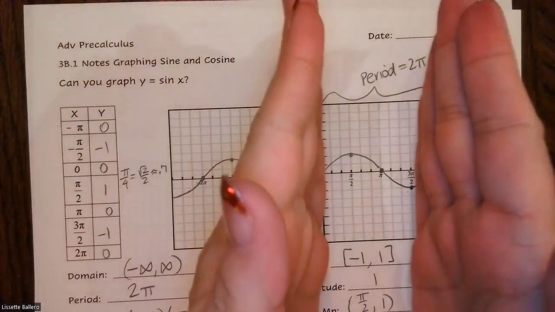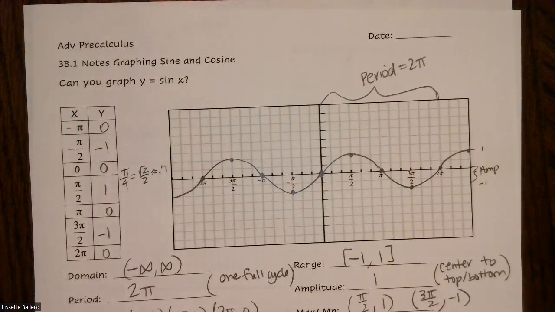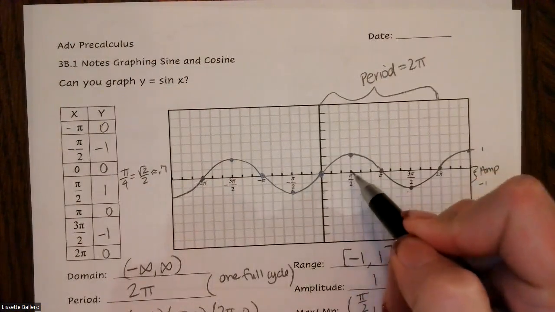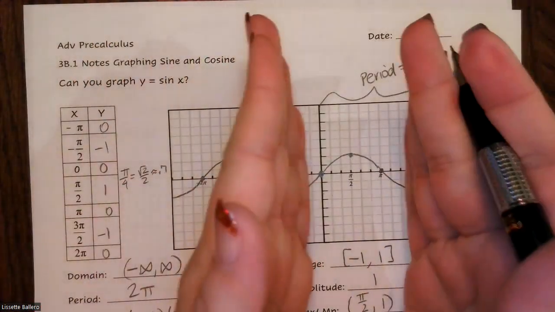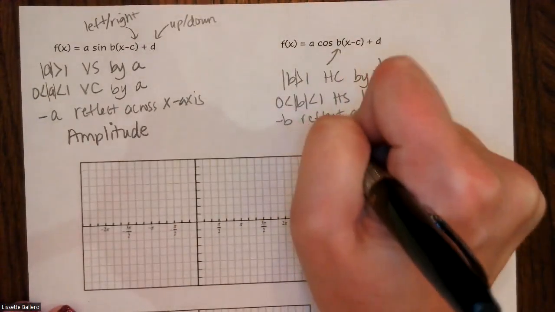Or if I shrunk it in this way, it's going to occur in less than that 2 pi. So that's where now it would still go up this 1 unit from the center because we didn't change it vertically. All we did was the horizontal. So this B value changes the period.